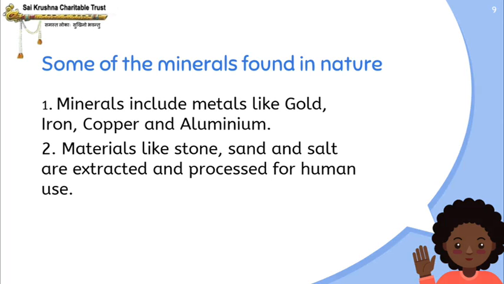So for what purpose is gold used? You all know that it is used as jewelry, right? Iron for iron benches or iron handles, like that. And also materials like stone, sand and salt are extracted and processed for human use.